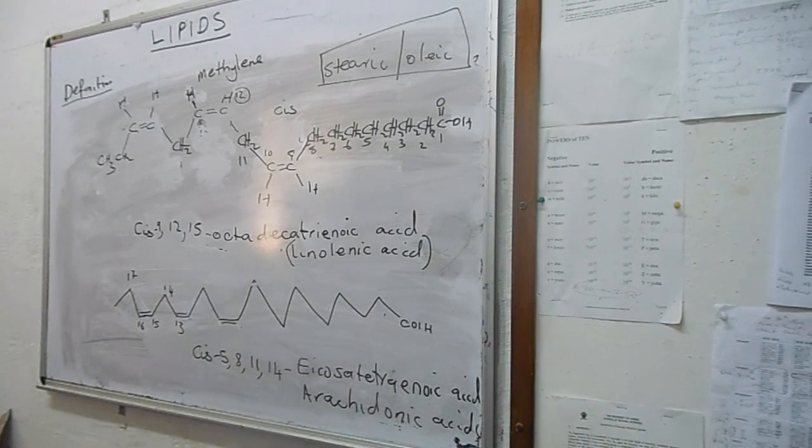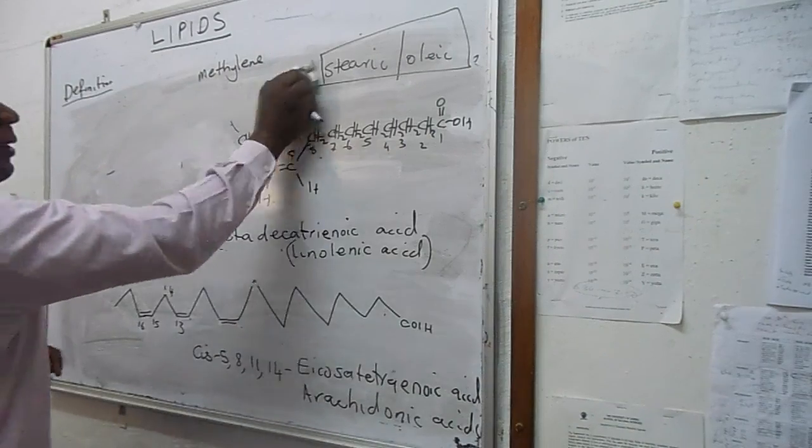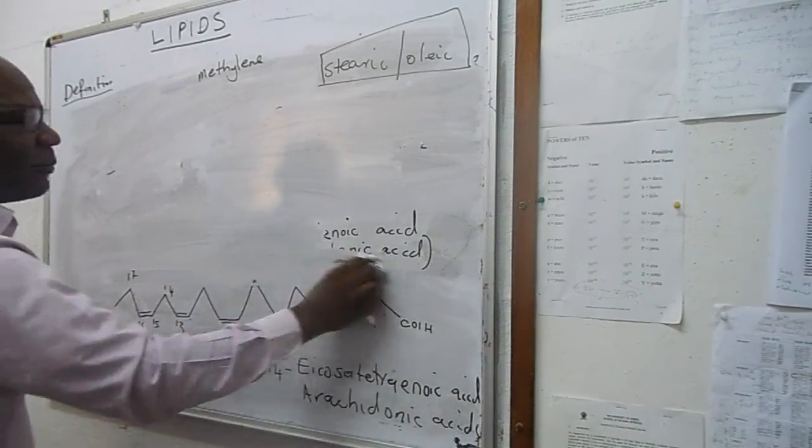Arachidonic acid. Okay, these are the examples of unsaturated fatty acids. If we look at the examples that I have given, the last 3 examples, what is common among them?